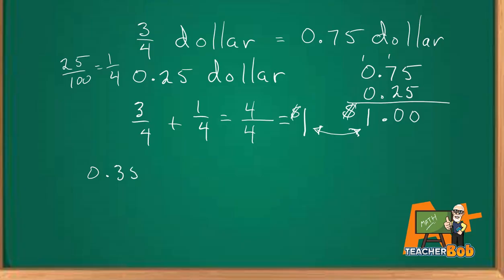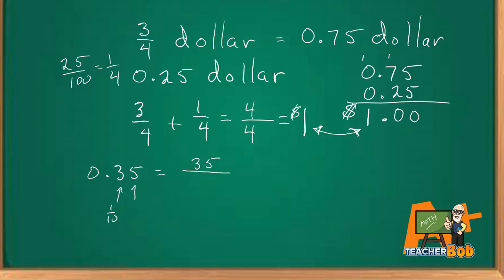0.35, well, we can write that as a fraction this way. We take that number, and if you know your place values with decimals, you know that this is 35 hundredths. That's how you say this. The 3 is in the 10th place value.